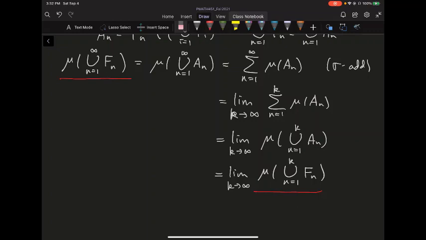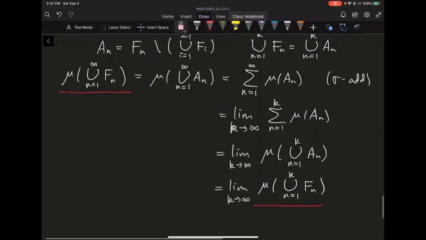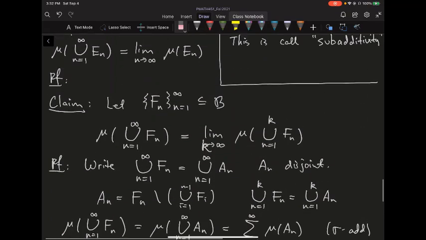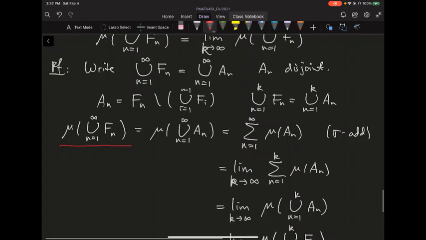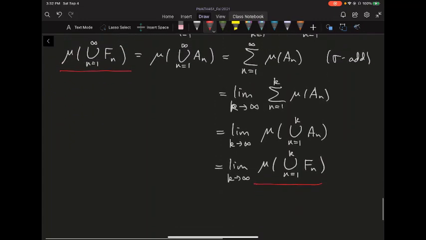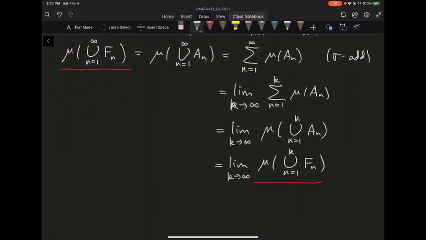All right. Well, now what do we want to show? We want to show this continuity from below. If you have an increasing chain of these En, you want to show that the measure of the union is the limit of mu of En. Based on our claim, this is fairly simple to show.